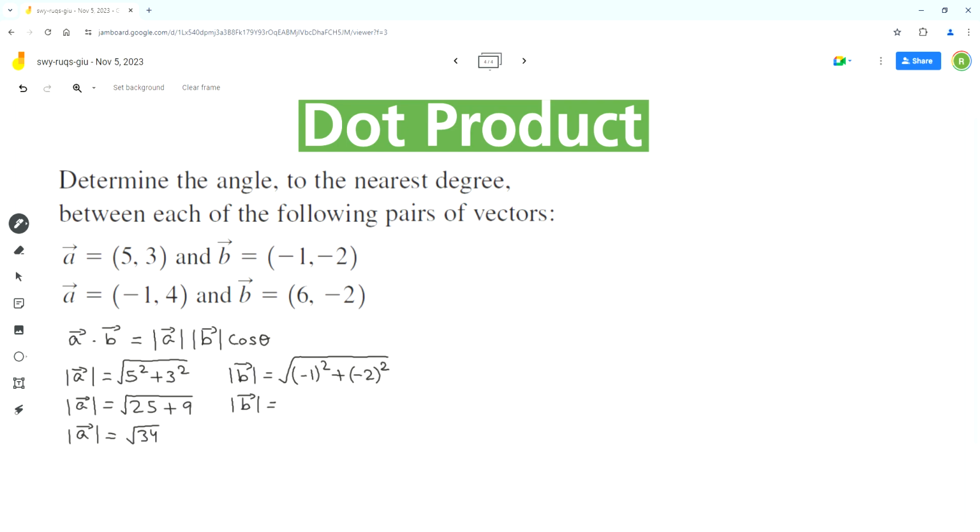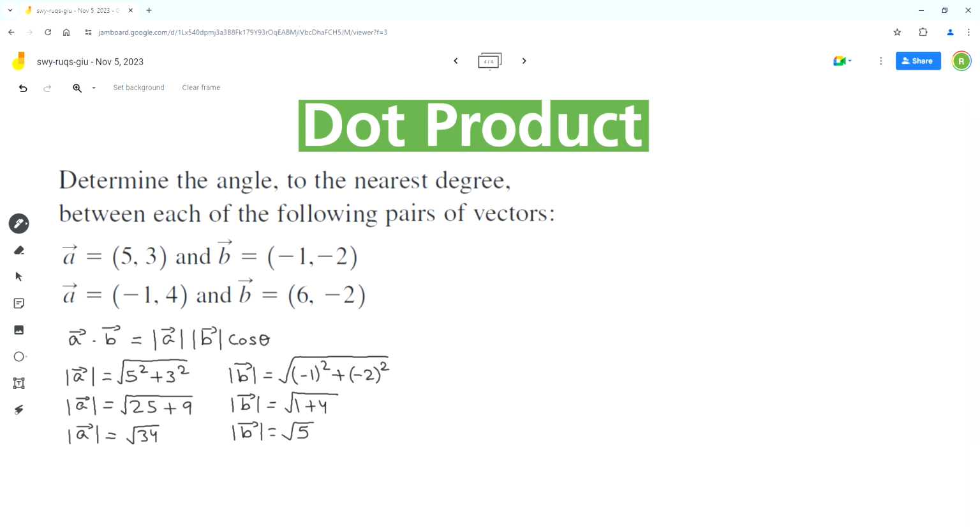So negative 1 square is 1, negative 2 square is 4, and 1 plus 4 is 5. So this is the magnitude of vector B.